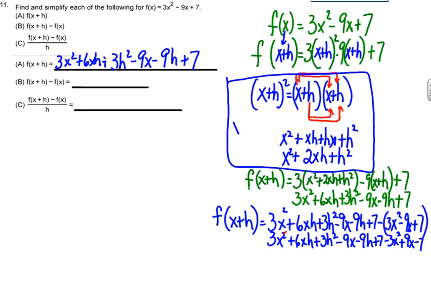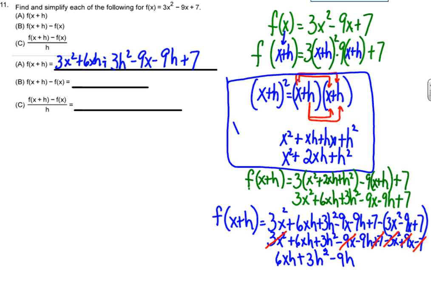And I'm noticing here we have a 3x squared, a negative 3x squared, a negative 9x, a plus 9x, and we have a plus 7 and a minus 7. So what we have left is 6xh plus 3h squared minus 9h.